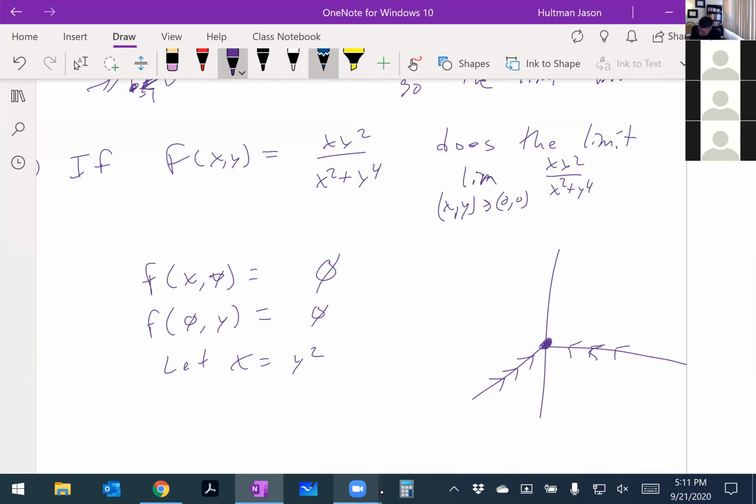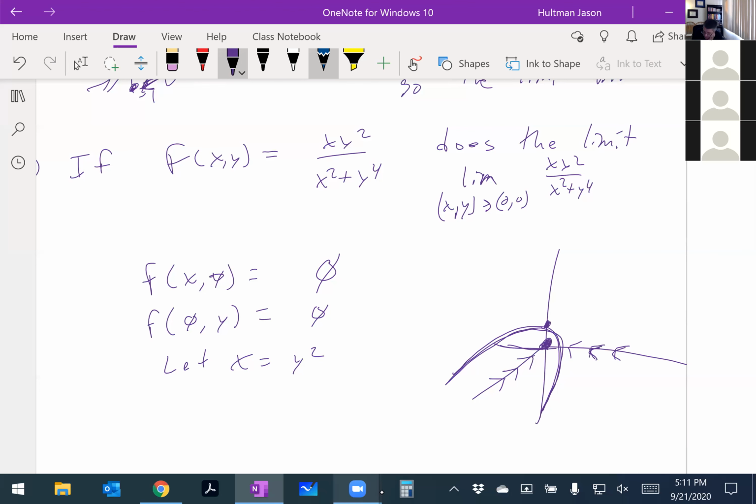However, if we let x equal y squared, that's this parabola. Okay, we get problems. Why do we get problems?